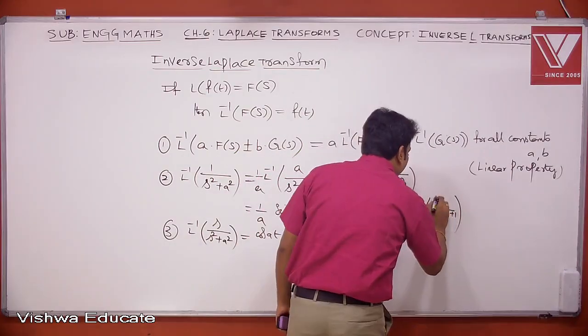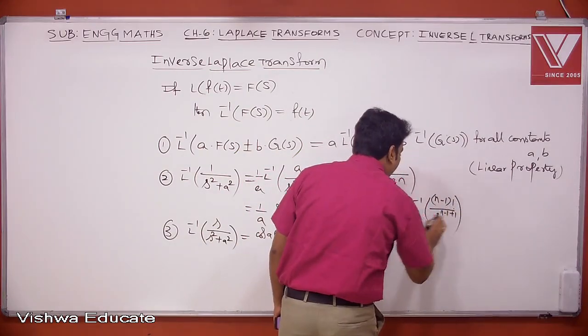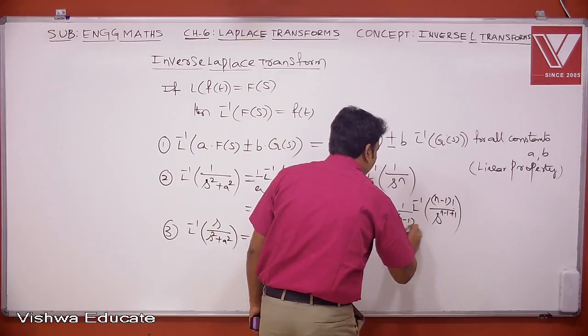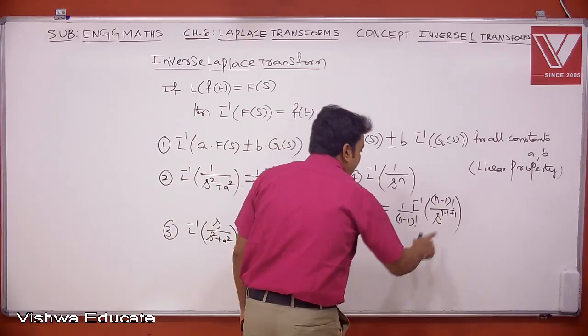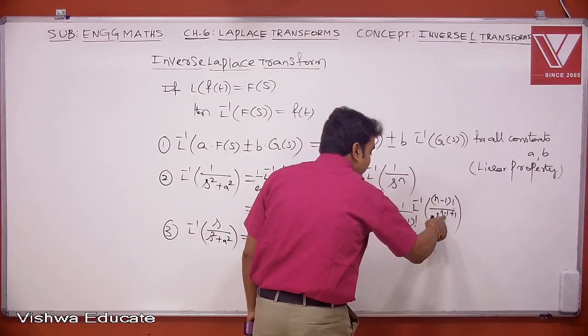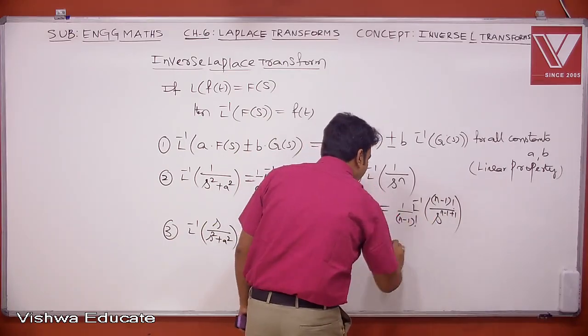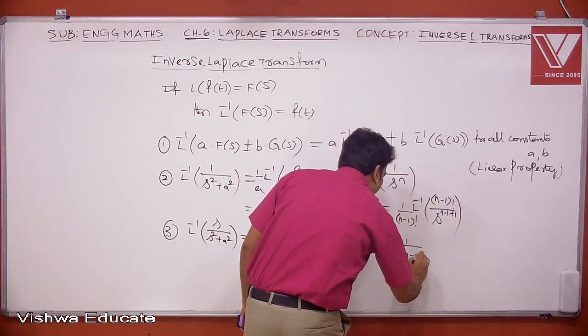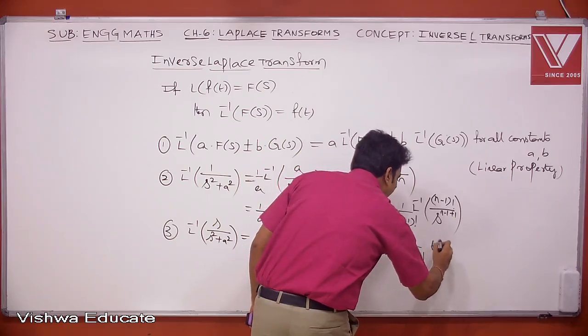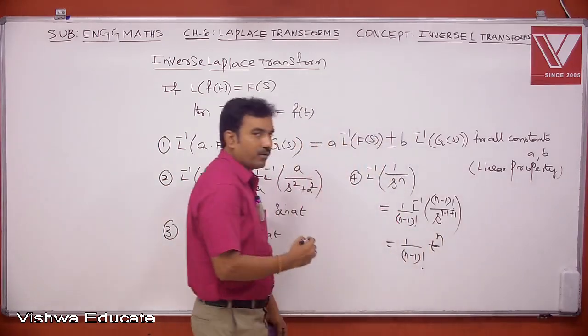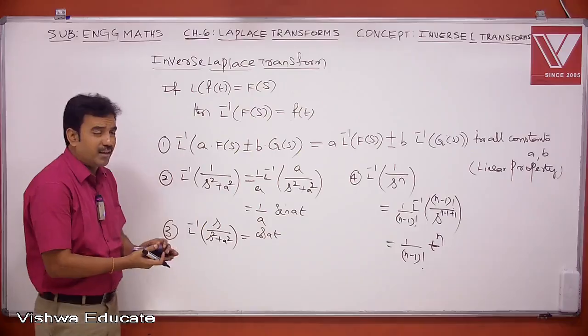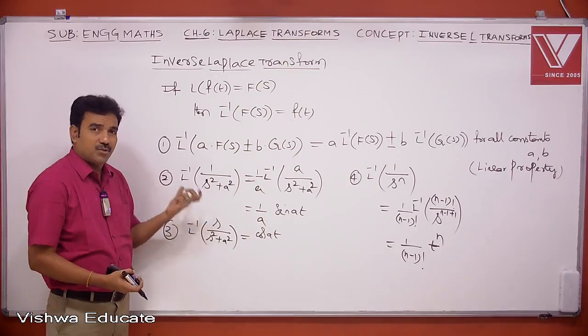So manipulate with n minus 1 factorial and divide by n minus 1 factorial, because constants can be manipulated. Now this n minus 1 is called the n value. So this is 1 by n minus 1 factorial into t power n. So this is the way you get the inverse Laplace of any function.